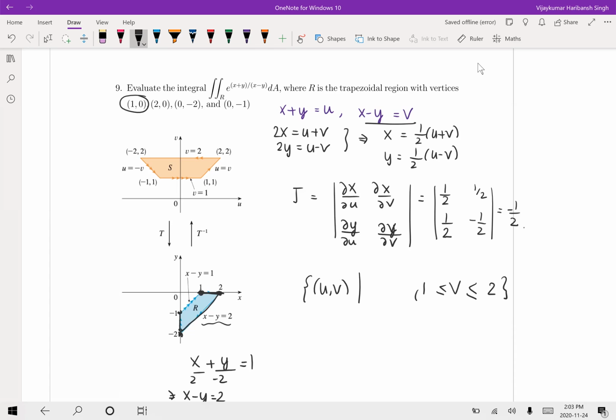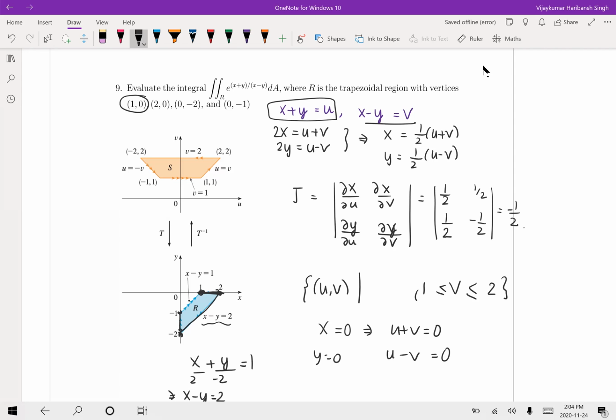Now, what is x plus y equals 2? So we have this region now. We need to write down what it is for y. Here x equals 0 would give me u plus v equals 0, and y equals 0 will give me u minus v equals 0.